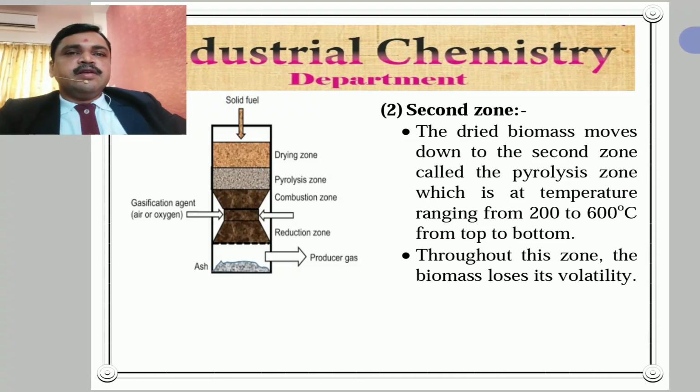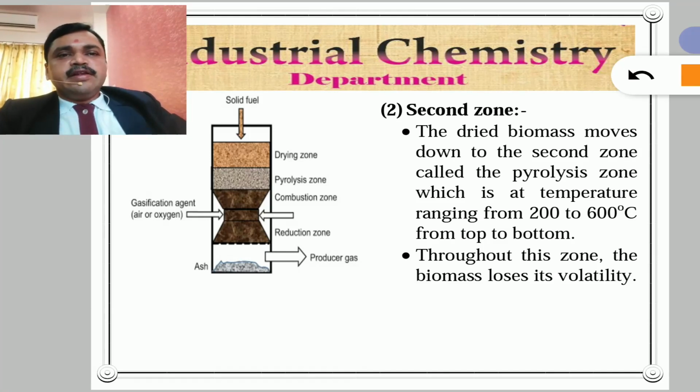Now, the second zone. The dried biomass moves down to the second zone, called the pyrolysis zone, which is at a temperature ranging from 200 degrees Celsius to 600 degrees Celsius from top to bottom.